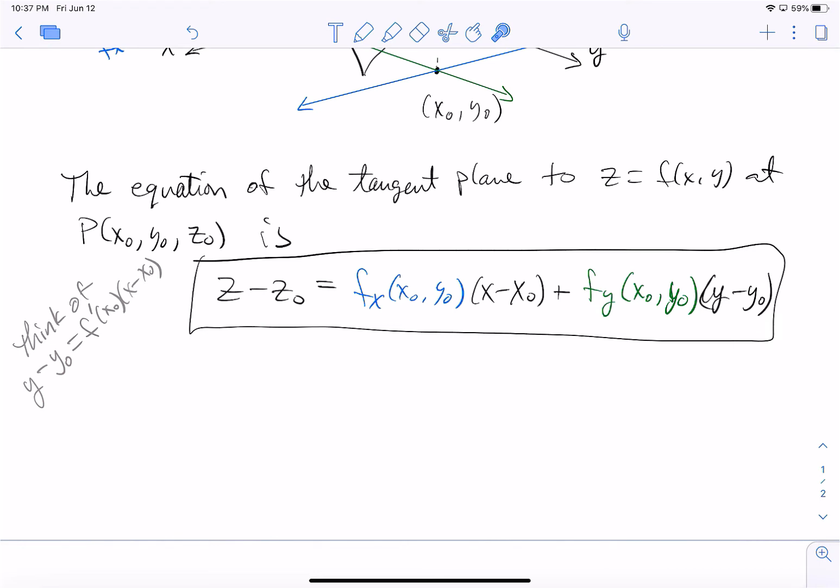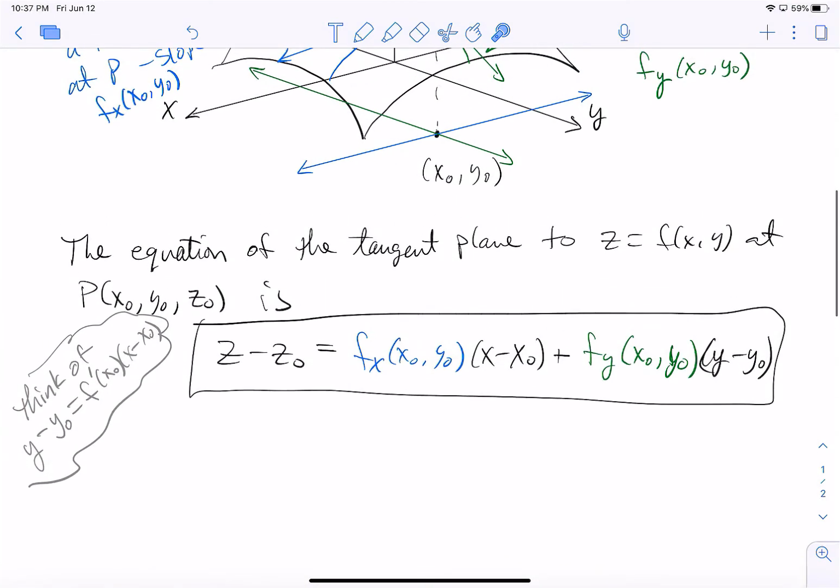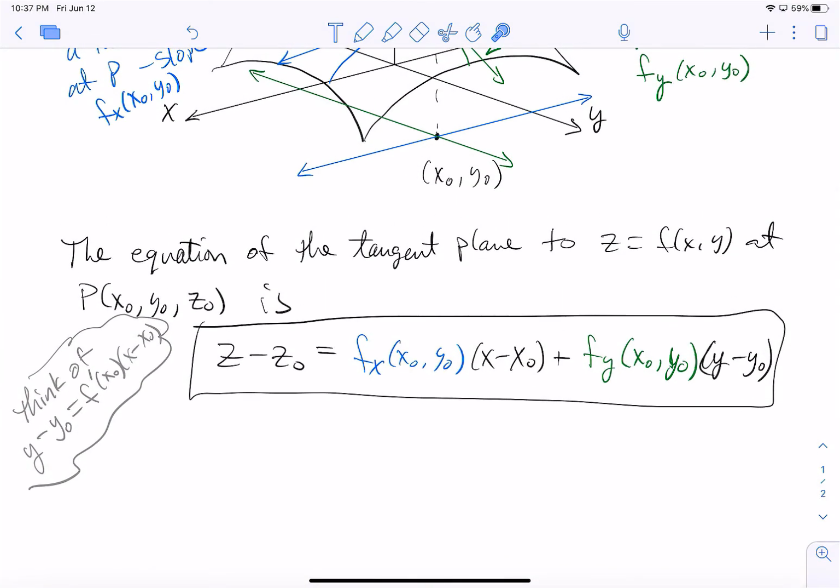So in the case of R2, we only need to consider the derivative of f, f prime. But here in R3, we need to consider how z changes when x changes and how z changes when y changes. And so the combination of slopes, if you will, are going to be fx and fy.